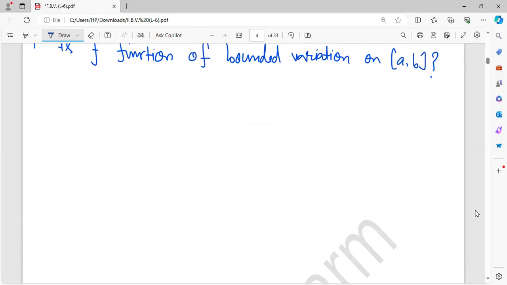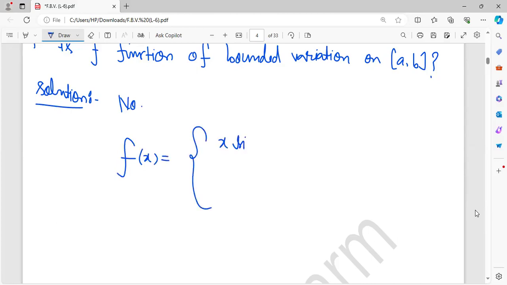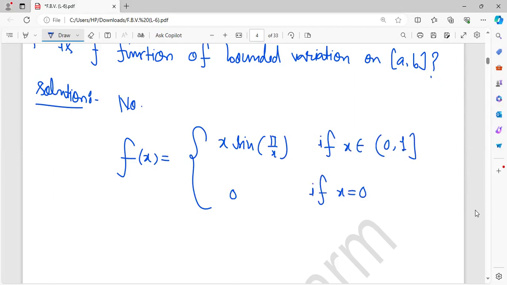Okay, so we'll solve it. Solution: answer is no. Why? Because we have shown that this function, x sine(pi upon x) if x belongs to (0, 1], and 0 if x is equal to 0.